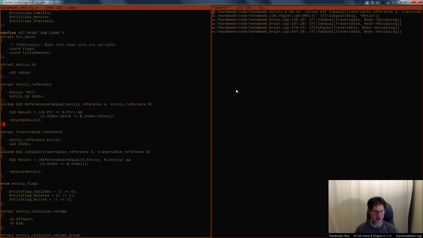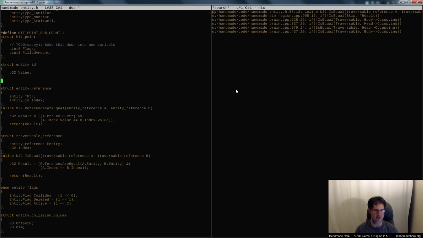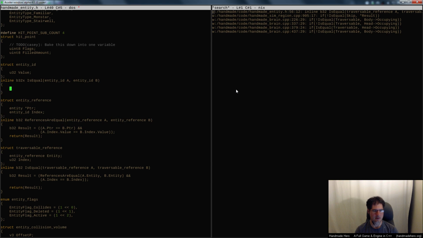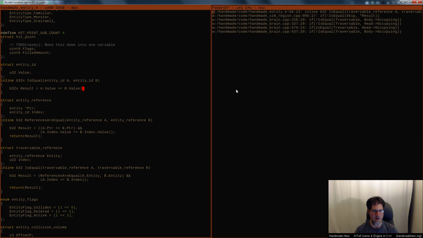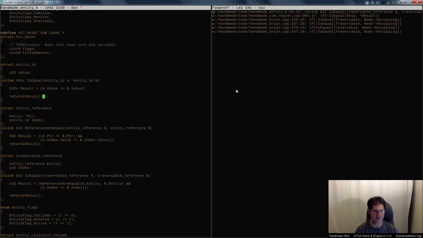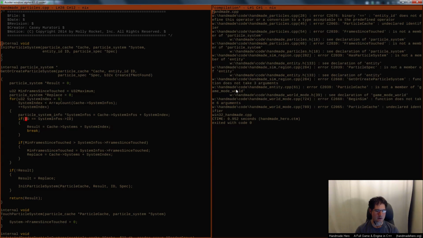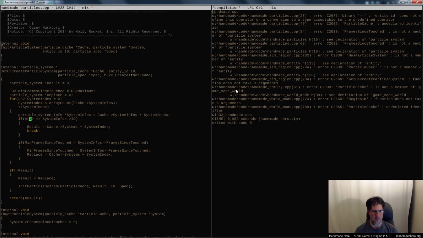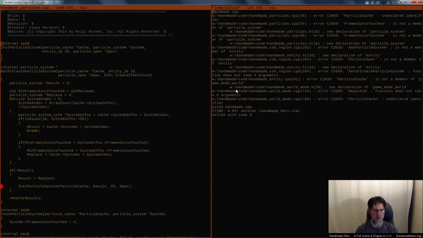Yeah, this is that test right there. So I feel like I want to start using one of these, like is equal, entity ID A, entity ID B, result is A dot value equals B dot value. I think that makes me happier as a person. So I can do are equal or is equal. And be good.